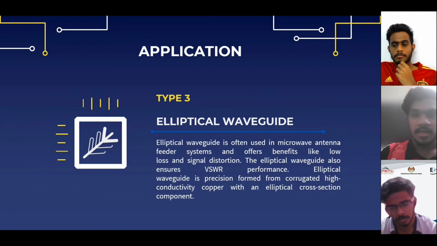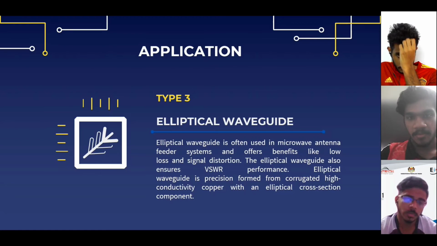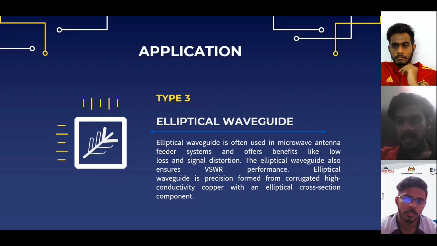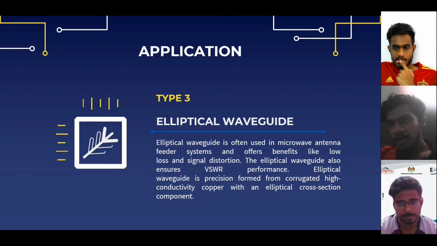Move on to the next, the elliptical waveguide. The elliptical waveguide is precision formed from corrugated high conductivity copper with an elliptical cross-section component.